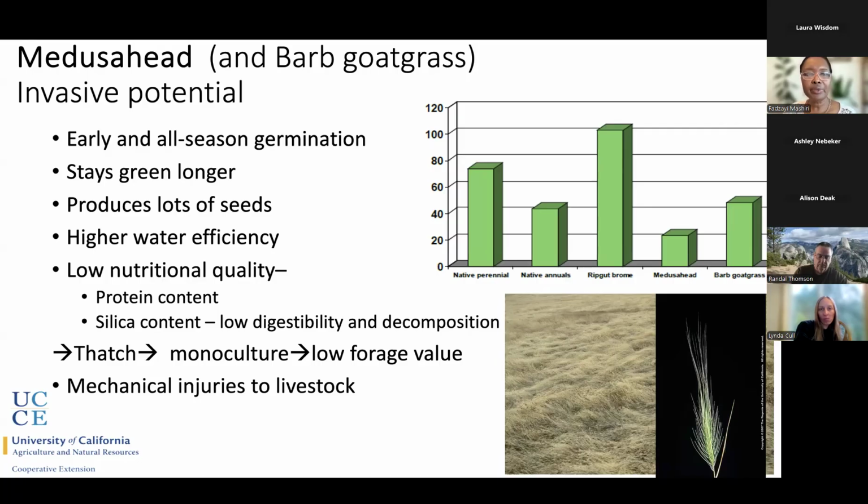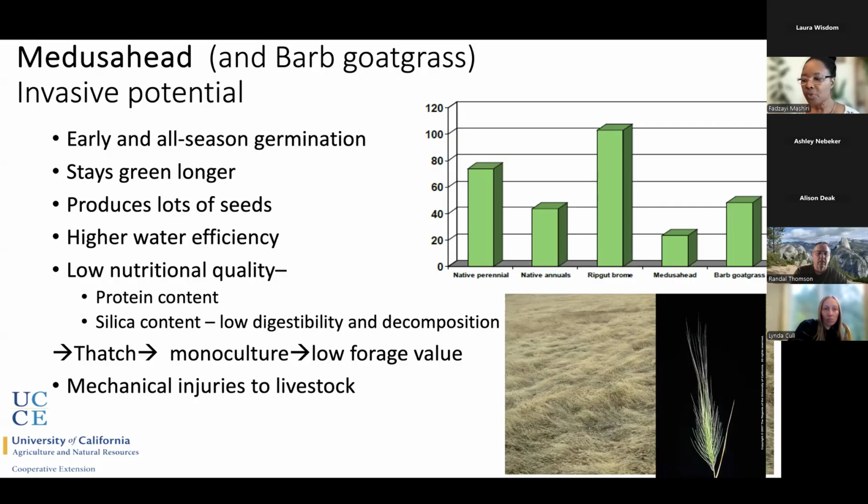How they manage to invade rangelands especially is that they germinate very early in the season, and they can also germinate all year round, depending on when the rain comes.